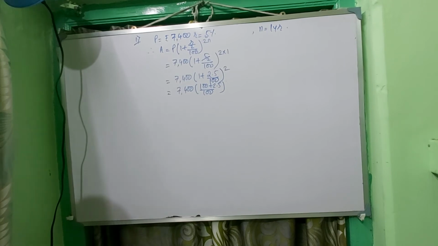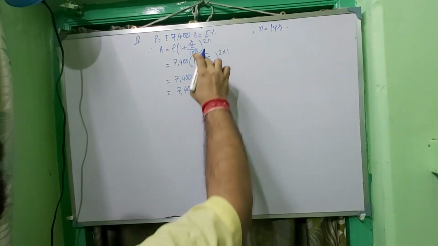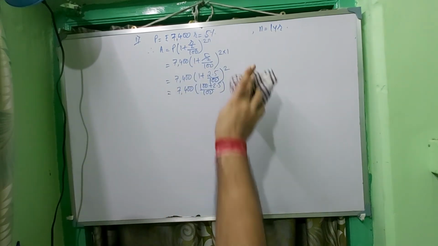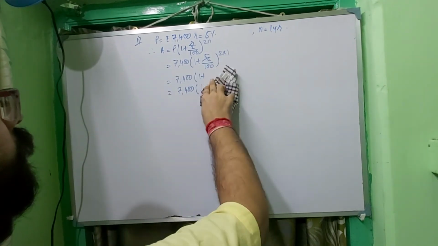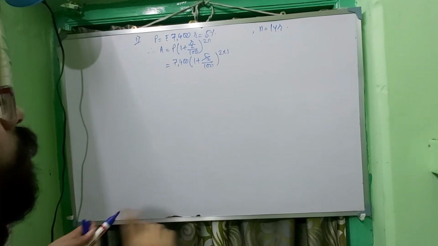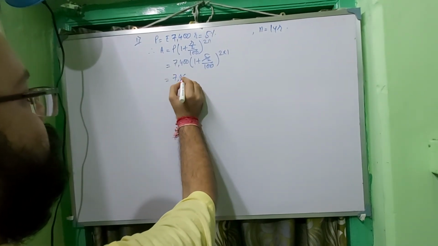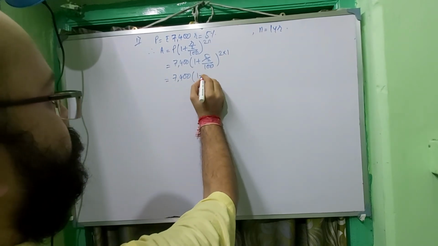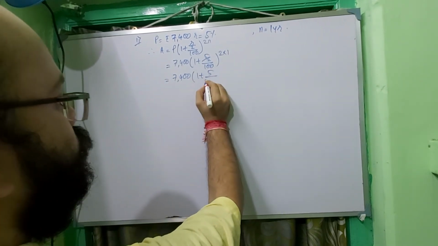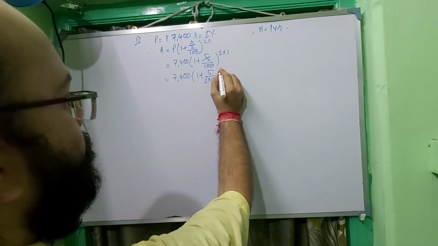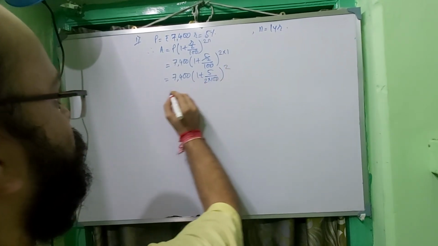You can do another thing also here. If you don't want to do that, you can straight away change it in this manner. How? 100, it will be much easier for you. 1 plus 5 by 2 into 100 whole to the power 2.